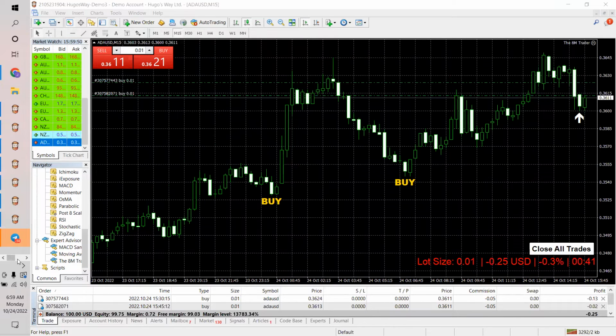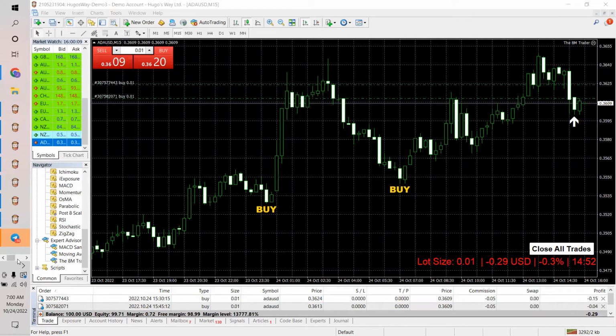And that is going to impact a lot of these pairs that depend on the American dollar to have a certain price value. If there's news that worsens the American dollar, then a lot of these particular pairs, their price is going to go up because it will take more American dollars to buy that particular product.